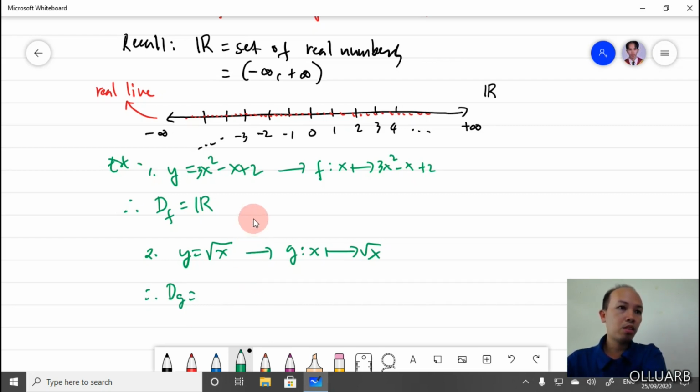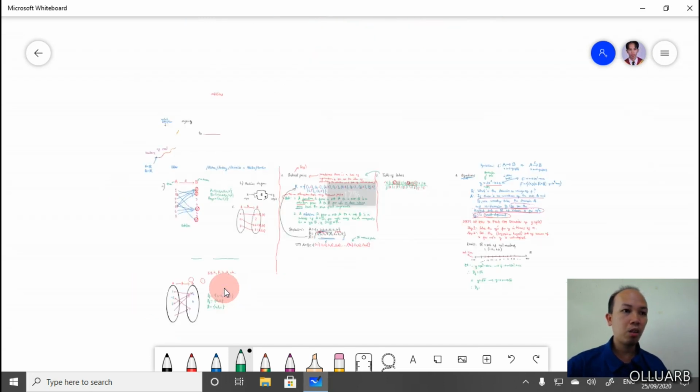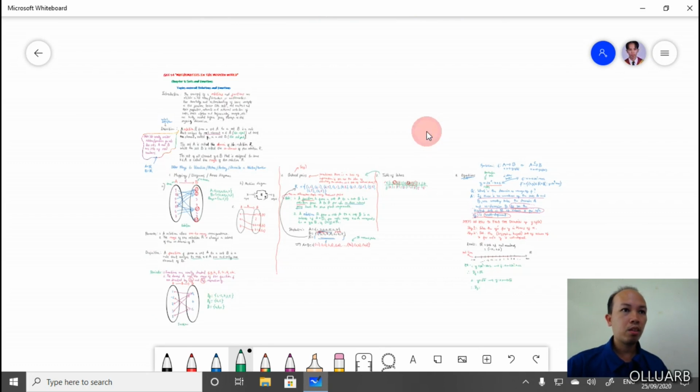So ask yourself, is this y in terms of x? As you can see here, you cannot find an x on the left hand side. All x's are on the right side, all the y's are on the left side. So this is now y in terms of x.